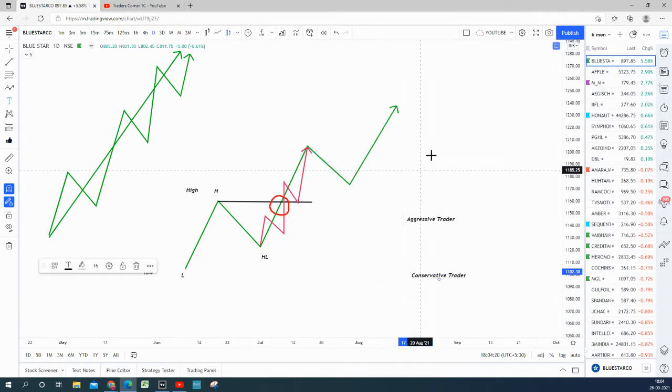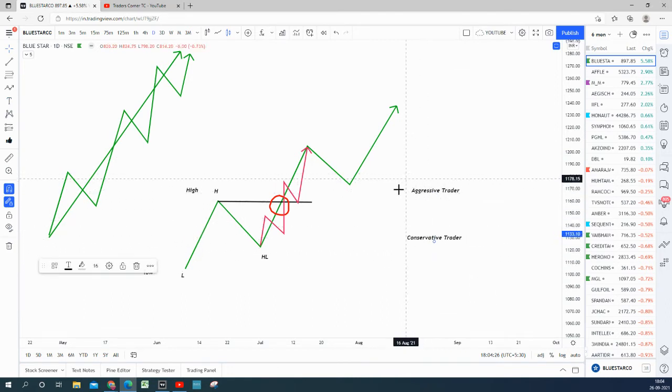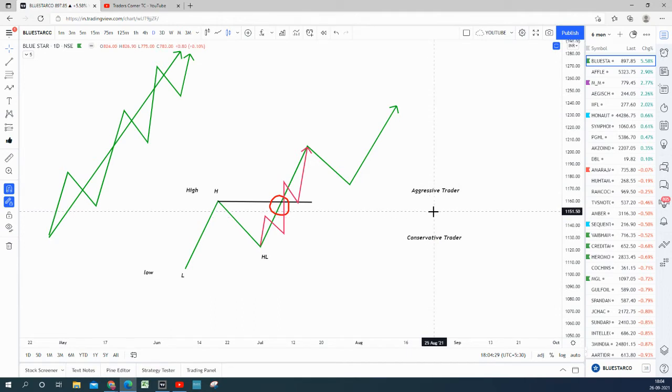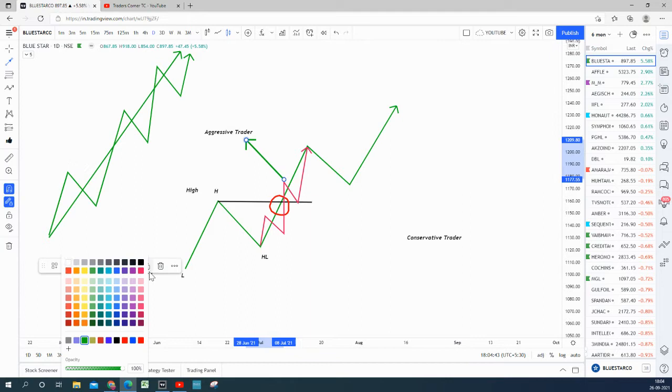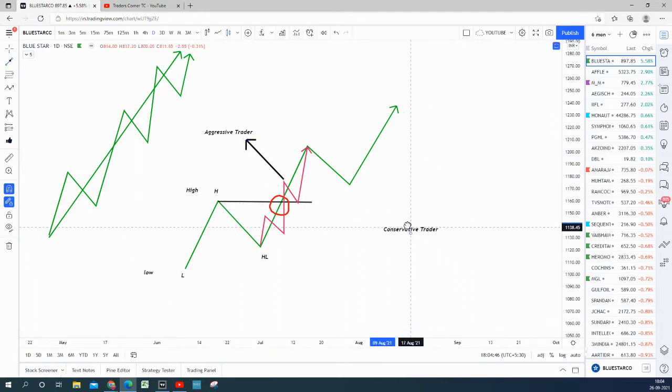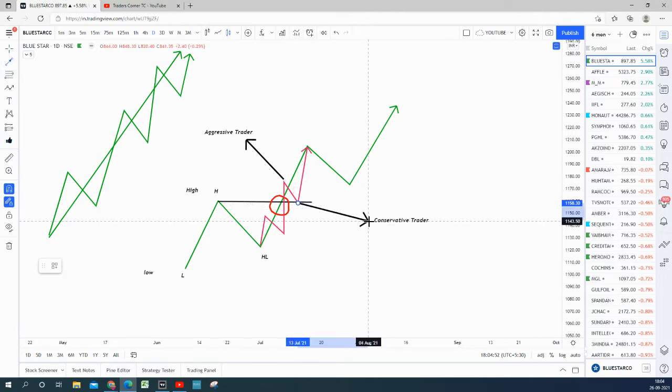By the name itself you can understand the difference. Aggressive traders don't wait for the price to come to the lower point. Whenever this breakout happens, they directly enter at this point. So you need to decide whether you are a conservative trader or an aggressive trader. Aggressive traders take a trade immediately after the breakout, and conservative traders wait for the lowermost point.